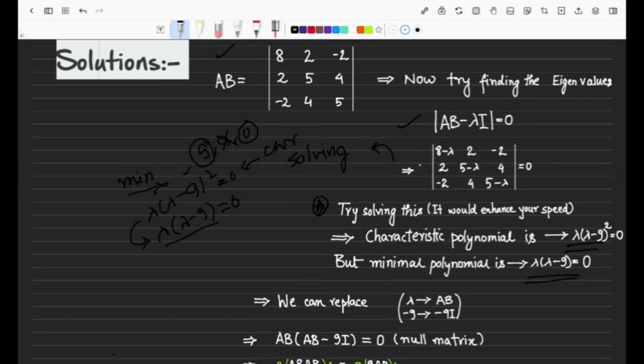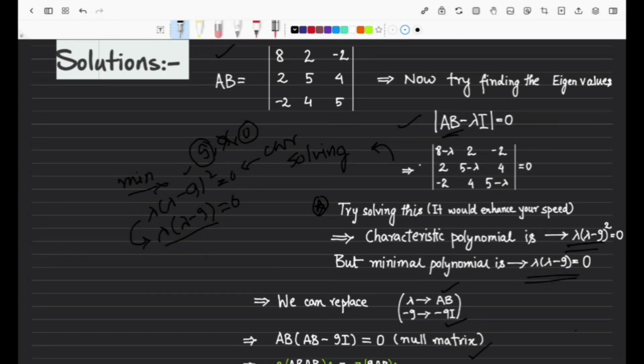So now, as we know, we have to just replace lambda with the matrix. The matrix here is the AB matrix, right? After that you also have to replace the constant term, that is minus 9, with minus 9I, and you also replace the 0 with the null matrix, right?